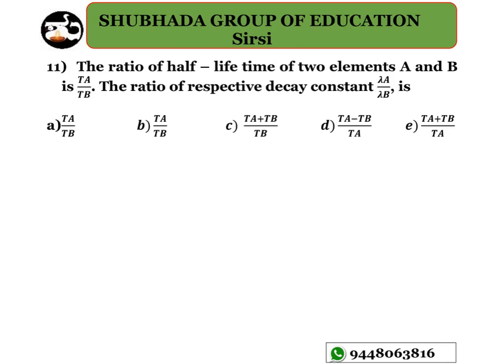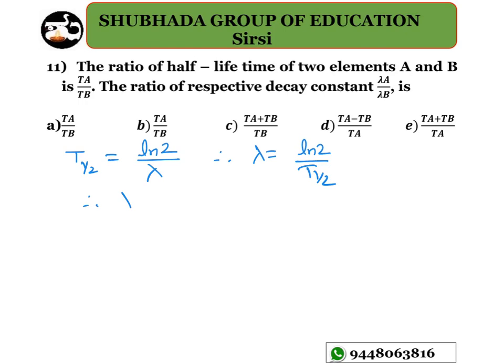The ratio of half-life times of two elements A and B is Ta divided by Tb, and the ratio of the respective decay constants lambda A to lambda B is the question here. As you know, the relationship is that the half-life T half is equal to natural log of 2 divided by lambda. So we have studied this. Therefore lambda is equal to ln 2 divided by T half.